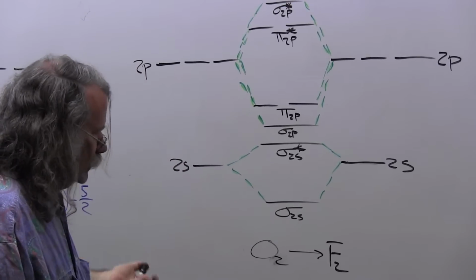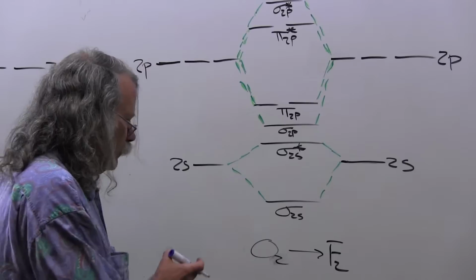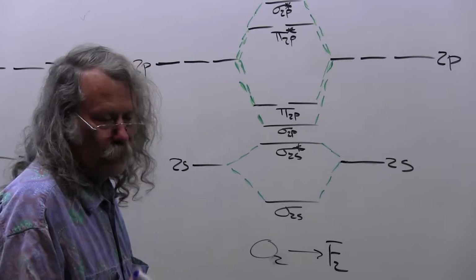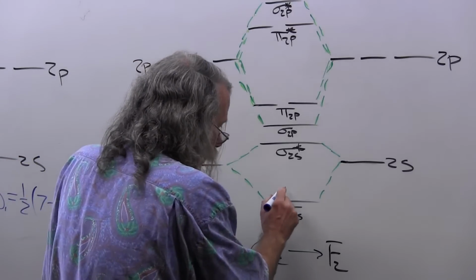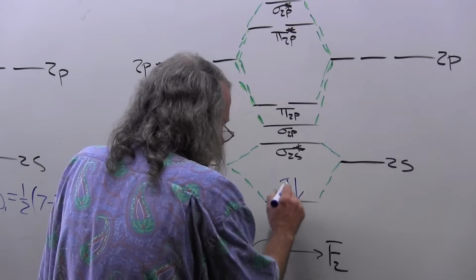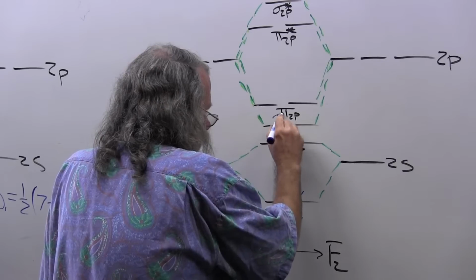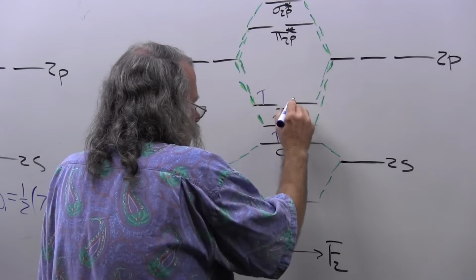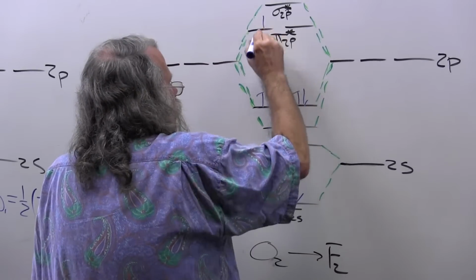Now I'm going to place in the electrons. Oxygen is group 6, so there's 6 times 2, 12 electrons I'm going to place in, following Hund's rule. 1, 2, 3, 4, 5, 6, 7, 8, 9, 10, 11, 12.